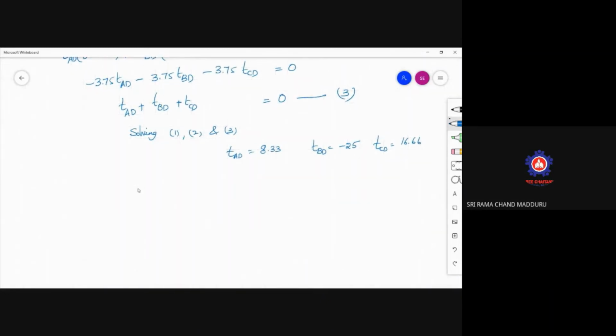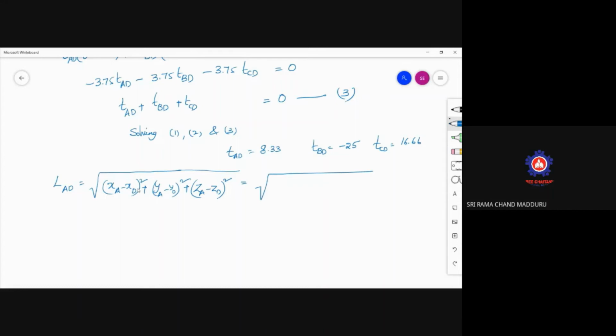Now the length of the members. LAD is nothing but the square root of (XA minus XD) whole square plus (YA minus YD) whole square plus (ZA minus ZD) whole square. Substitute the values.